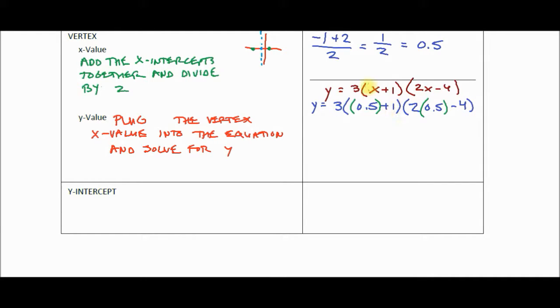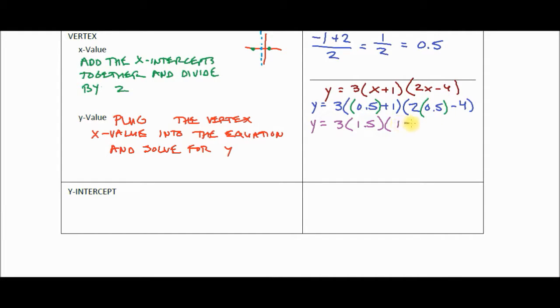And I'm going to go ahead and just do the math step by step to verify we got it right, since my notes have a wrong value. So we're going to end up with 3.5 plus 1 is 1.5, so times 1.5. 2 times 0.5 is just 1.